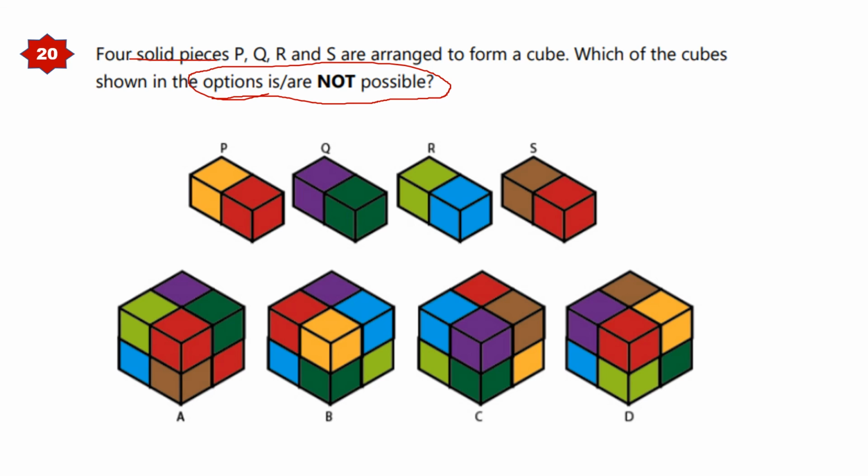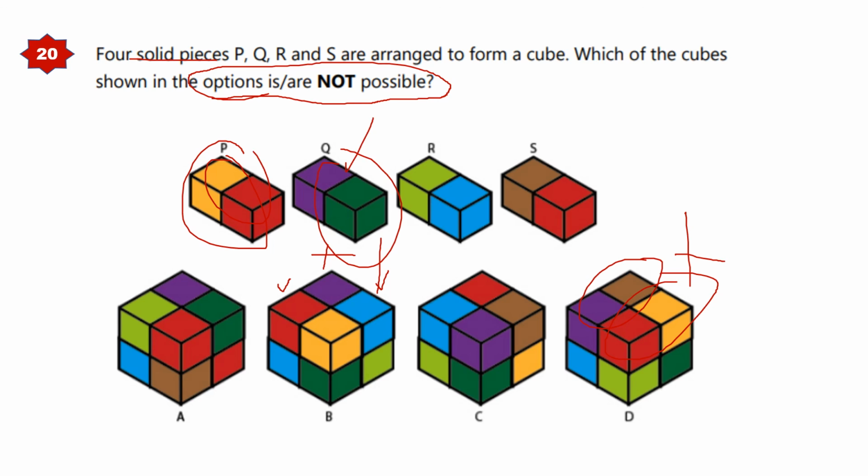So yes, this color combination is in here, but this combination is not here. So B. Then this combination is okay, but violet is combined with green only, so this is also not possible. So B and D are not possible.